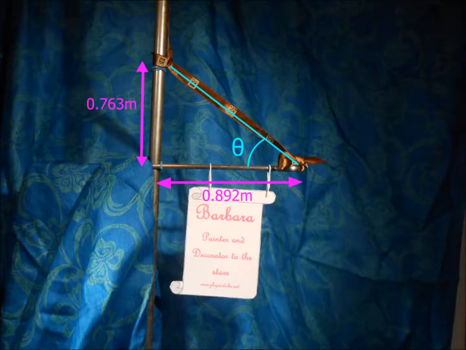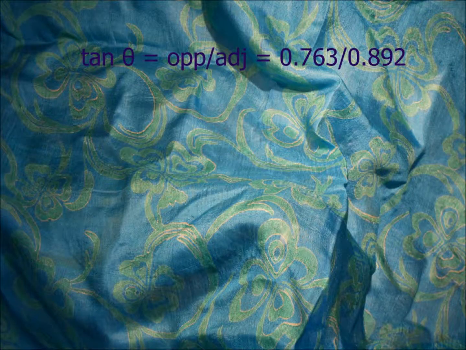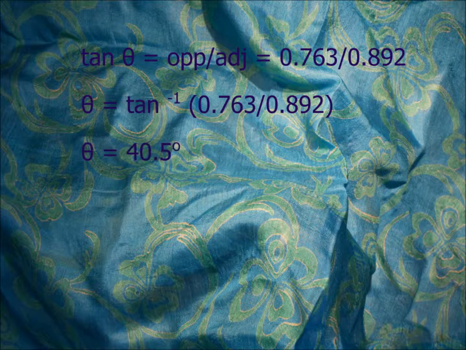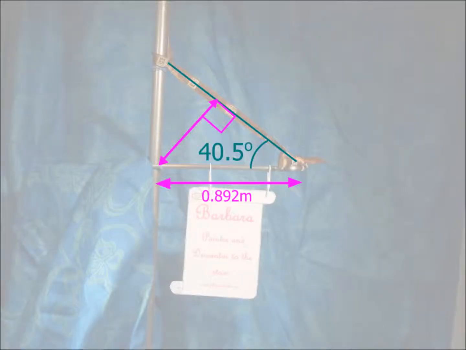Use the lengths of the sign to find the angle of the support ribbon. Find the perpendicular distance to the line of action of the force using more trigonometry.